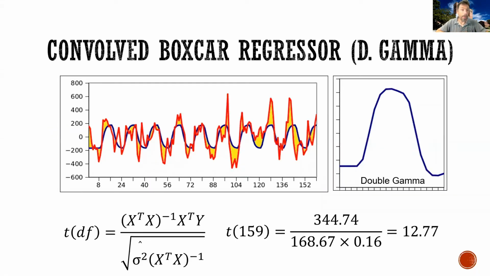So here is where we had left it. This is our double gamma convolved boxcar regression. Now we're going to apply high-pass filtering, and we will do this with the strategy of FSL.